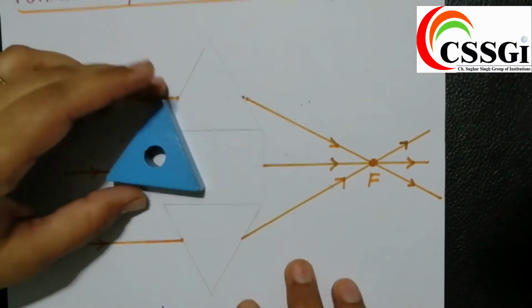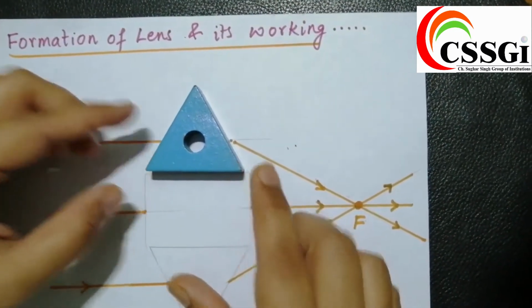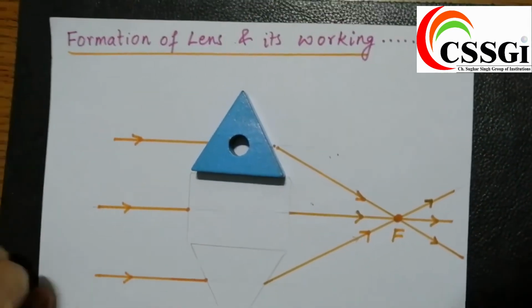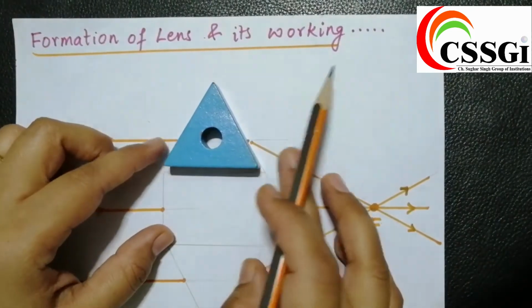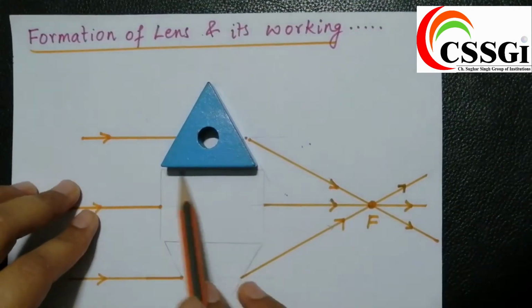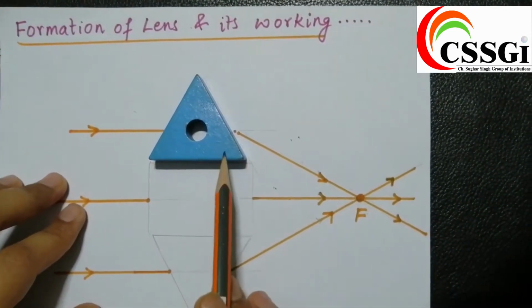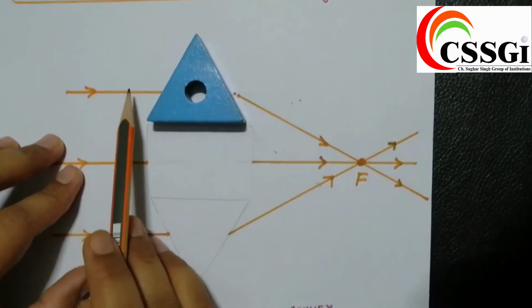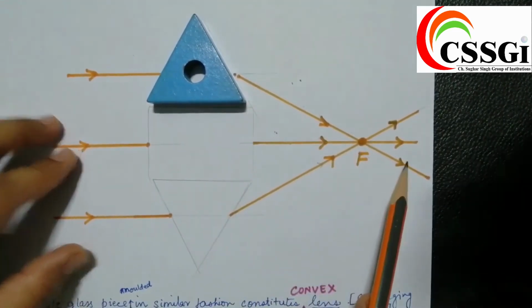Students, as I told you, if we take a triangular glass prism and allow a parallel beam of light to pass parallel to the base of the prism, then bending of light takes place towards the base. So this is a parallel beam of light and refraction will happen in this way.